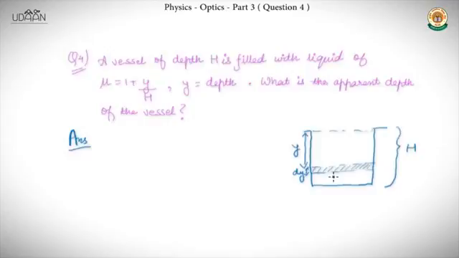So we first consider an element at a depth y and a width dy. So the diagram will look something like this. Let's say there is a small part of that element which is seen from outside. So the incident ray will be seen something like this. This is the normal.